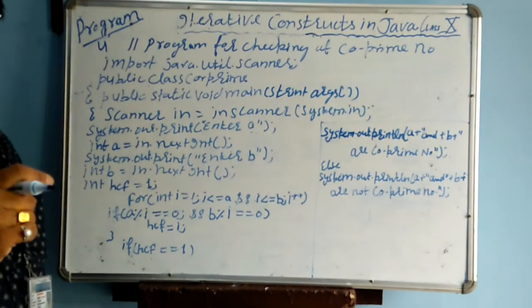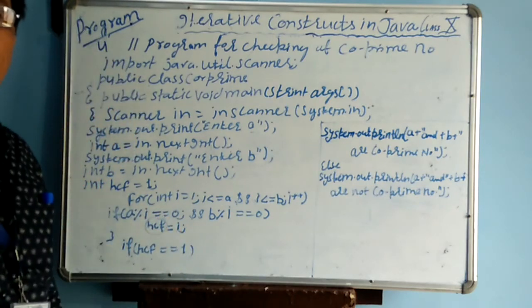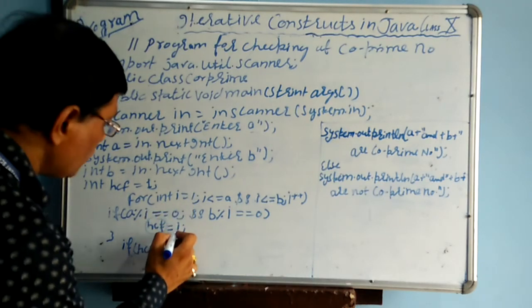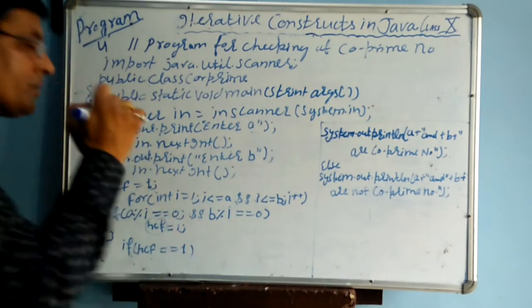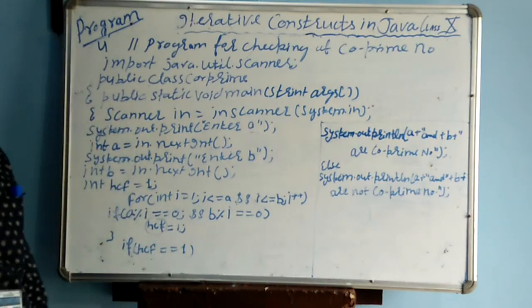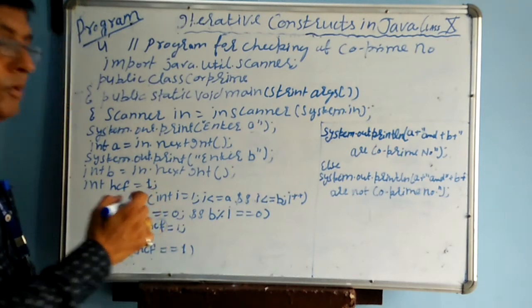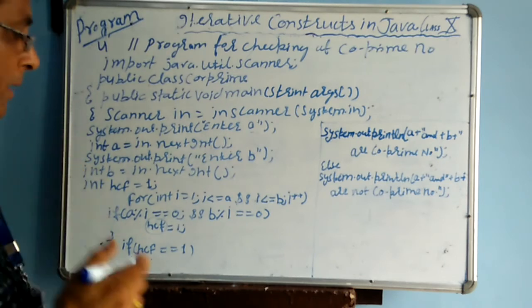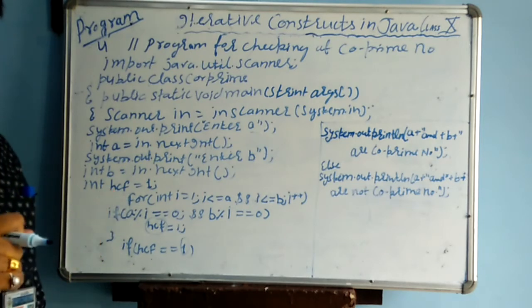then 1 will be the candidate of the GCF. After the looping, when this loop is finished, the value in GCF will be 1.